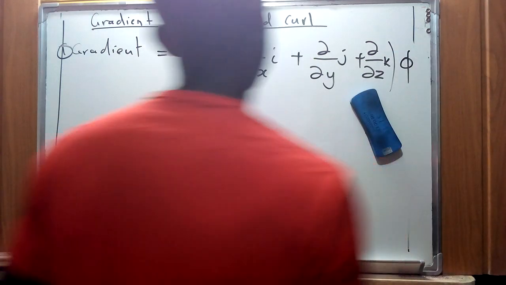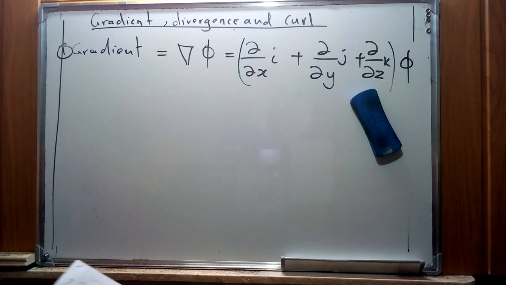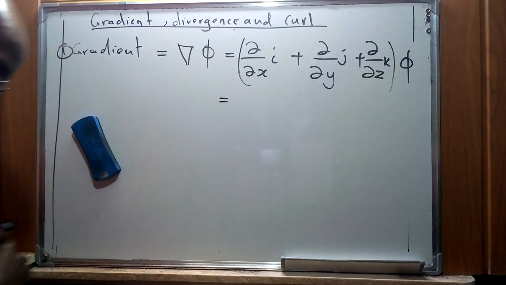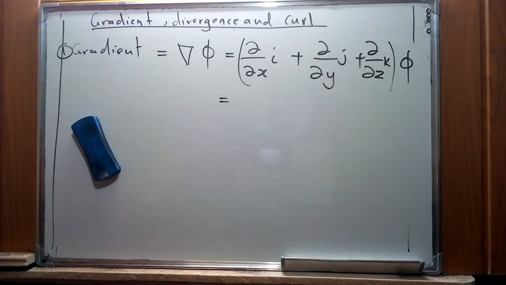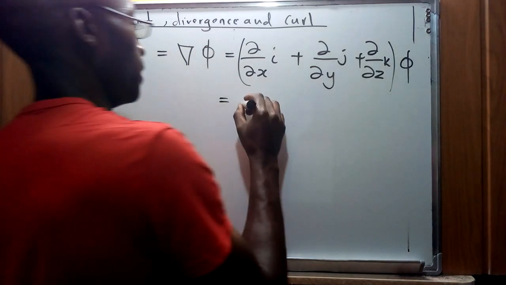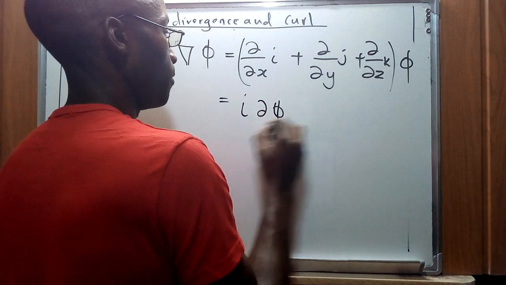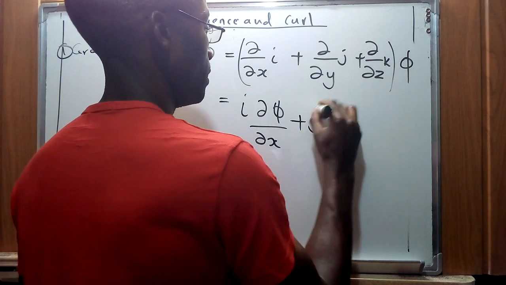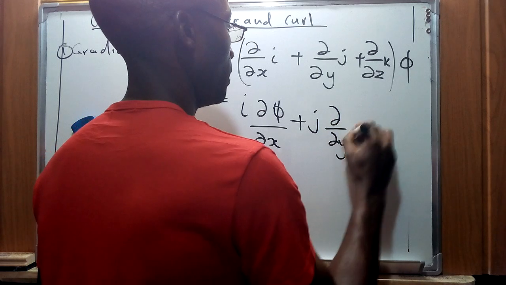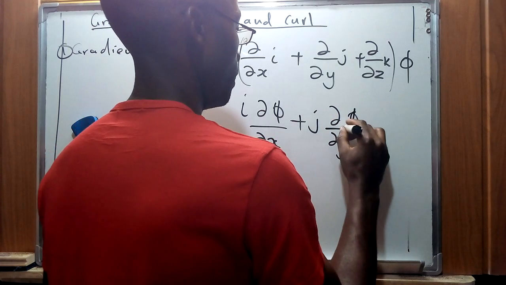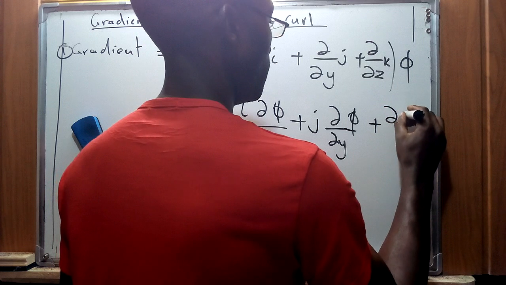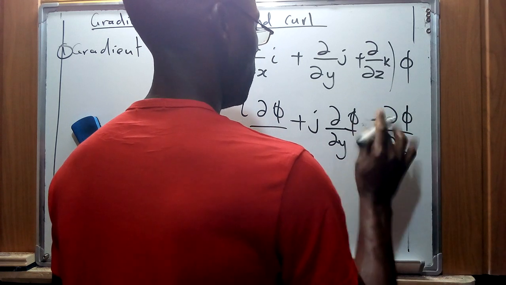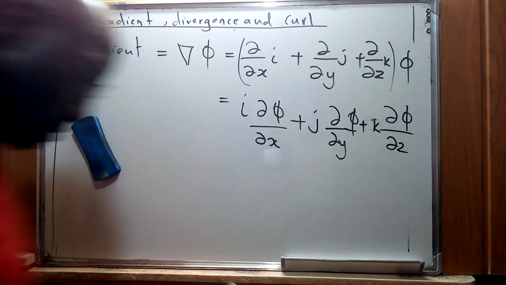So this one represents what we call a gradient, and generally this can be expanded to form a general equation for the gradient, which is given as i dphi/dx plus j dphi/dy plus k dphi/dz, and this is the k component.